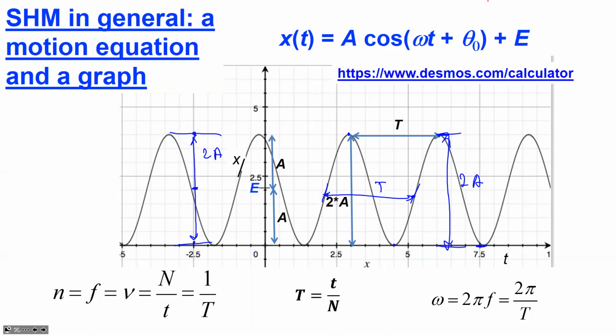And then, if you get these numbers from the graph, if you know the period, you can calculate frequency, you can calculate angular frequency. And if you know the equilibrium and amplitude, you can write this equation. So it goes both ways. A graph from an equation or an equation from a graph.